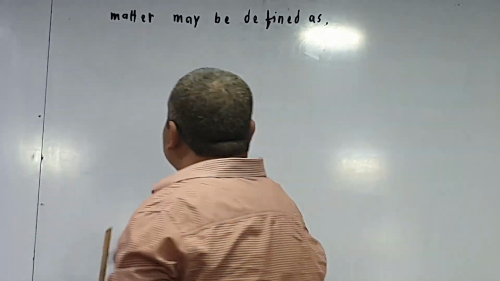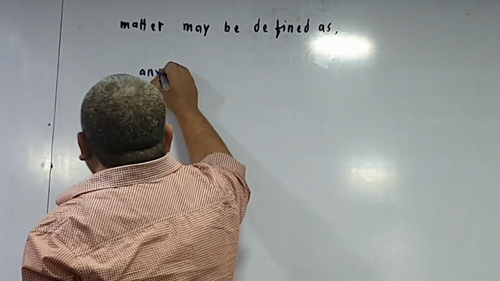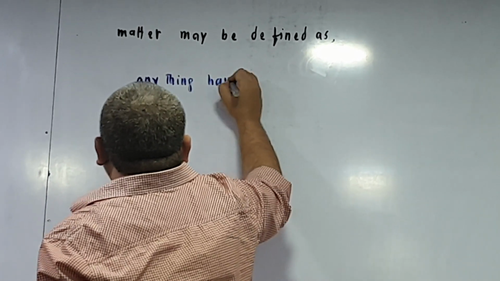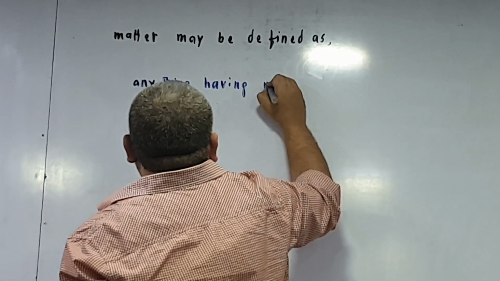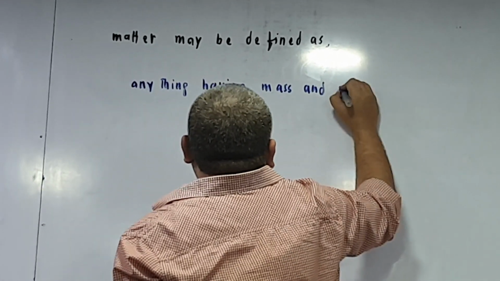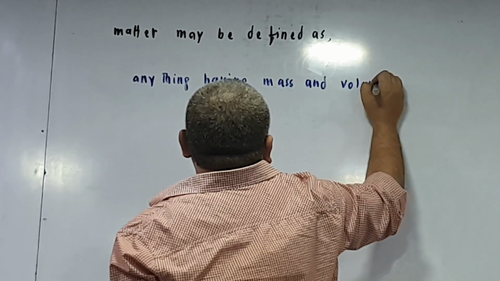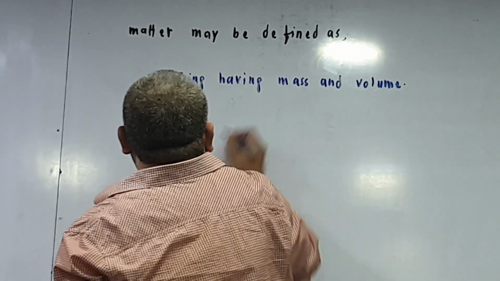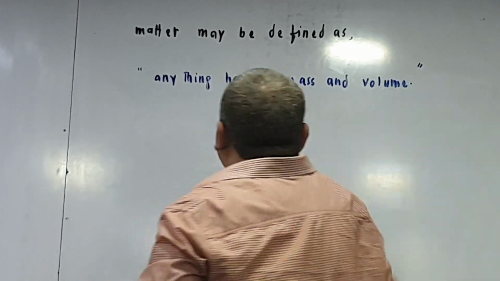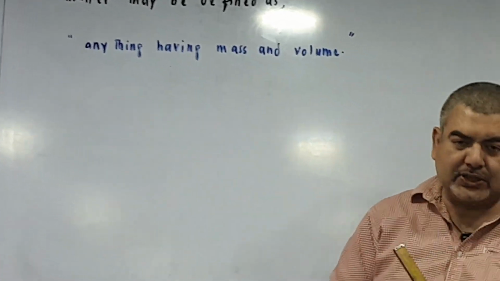So matter can be defined as anything having mass and volume. Volume means which occupies space. So anything having mass and volume is called what? It's called matter.